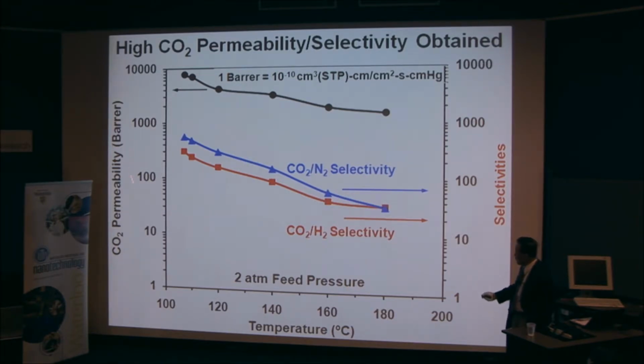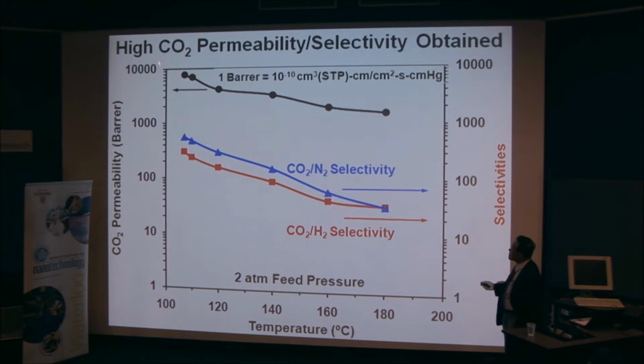the similar plot. Here the permeability, I did give you a unit of barrer over here. This is in memory of Professor Robert Barrer of Imperial College. This shows the permeability versus the temperature on this plot, and then the selectivity is on the lower plot.